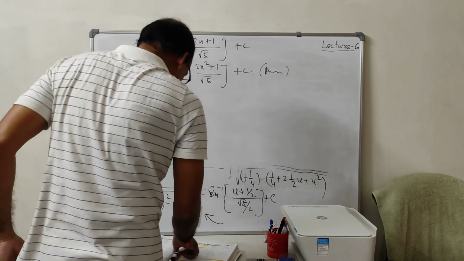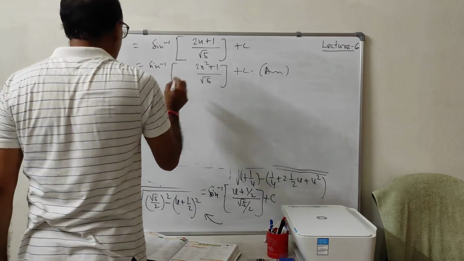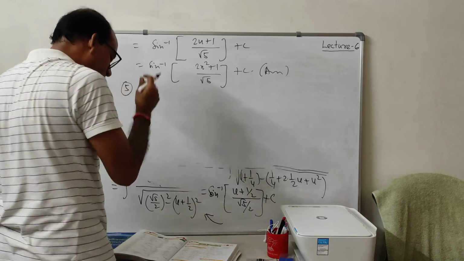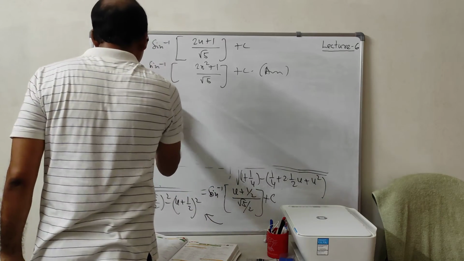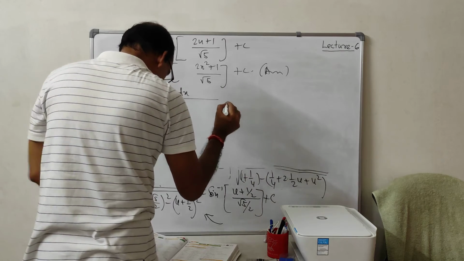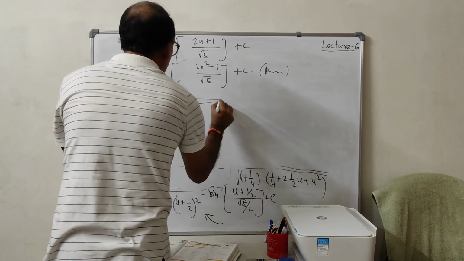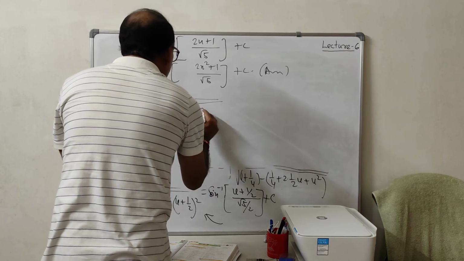And the last but not the least, problem number 5, integration dx by 2x plus 3 root over of x plus 5.